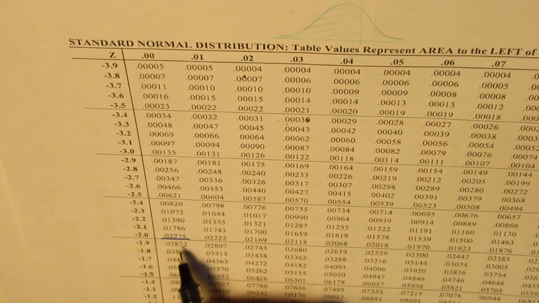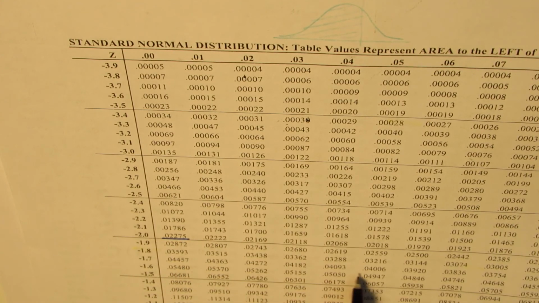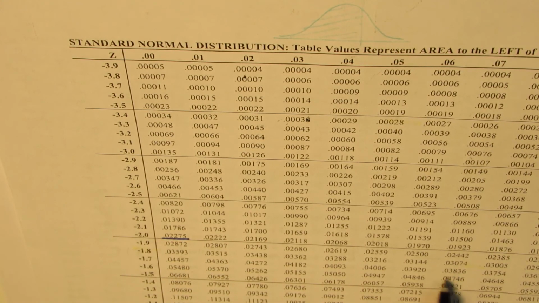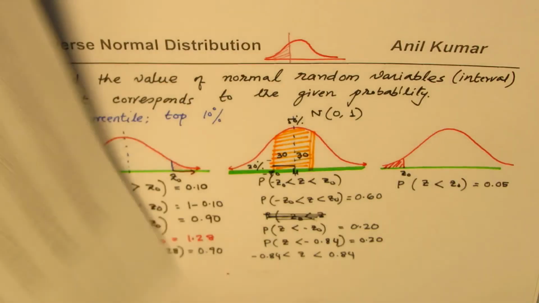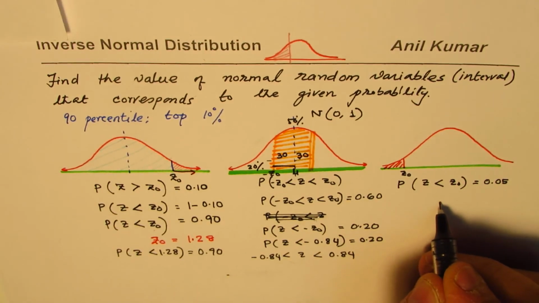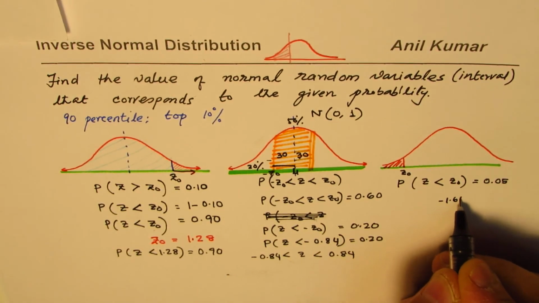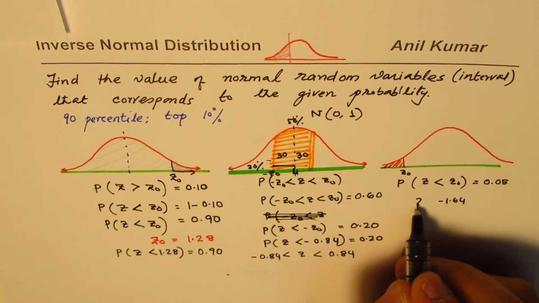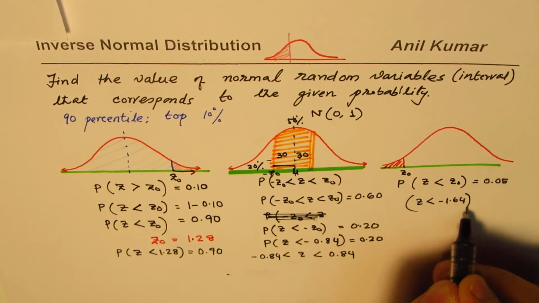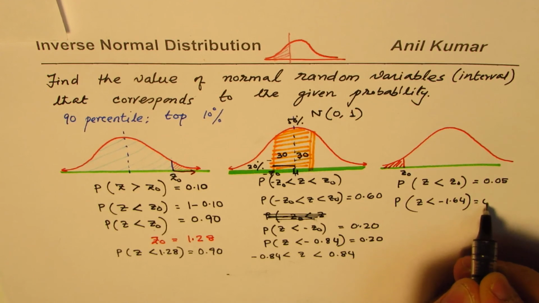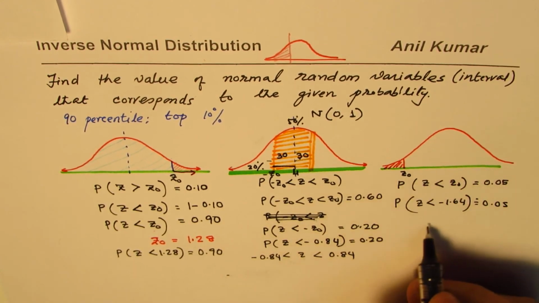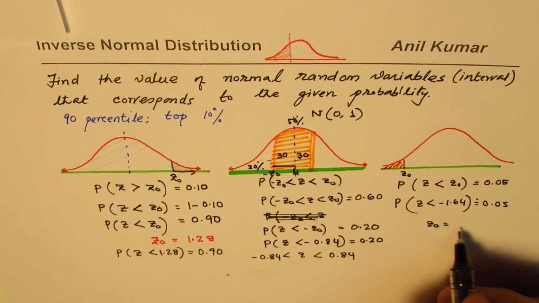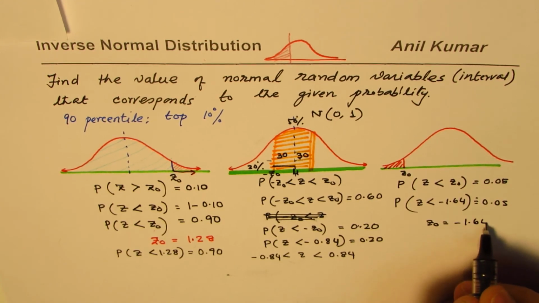We have 0.0345 somewhere here, okay. 0.05, that is a good value. So minus 1.64. So you get that when Z is less than minus 1.64. You get 0.05 approximately. Therefore, this Z0 is probably equal to minus 1.64.